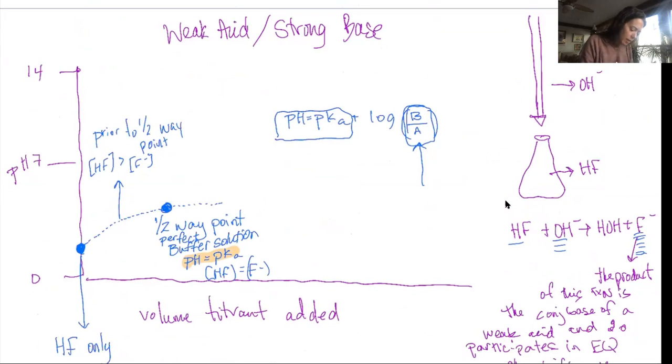Past, beyond the halfway point, right? I don't need to go too far. I've got a curve that's about to go up. So let me move these words here. And let me get a different color so it's not too confusing. Right, this is beyond the halfway point, but before the equivalence point.